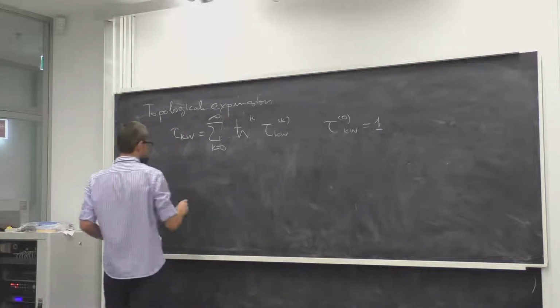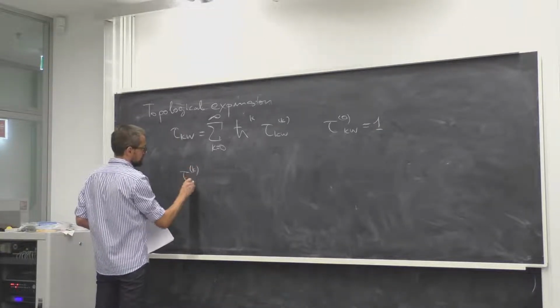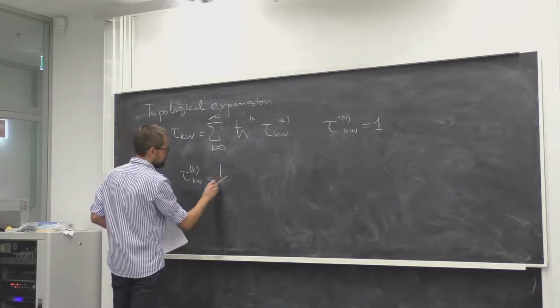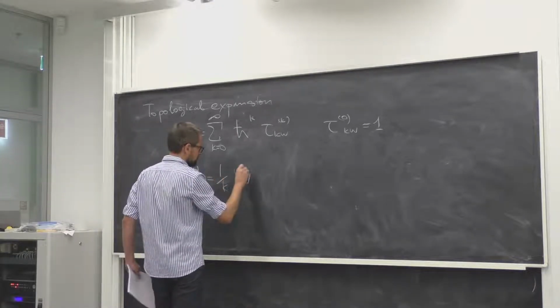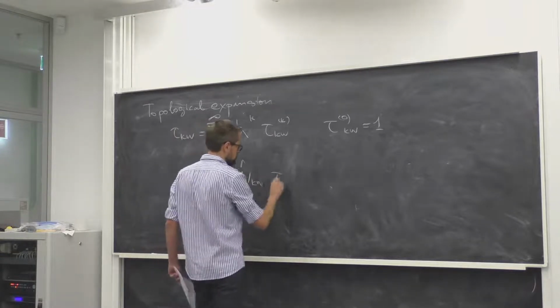These coefficients are given by recursion. Tau k is equal to 1 over k times the operator W acting on tau k minus 1.